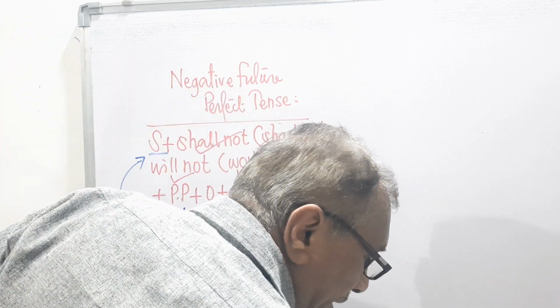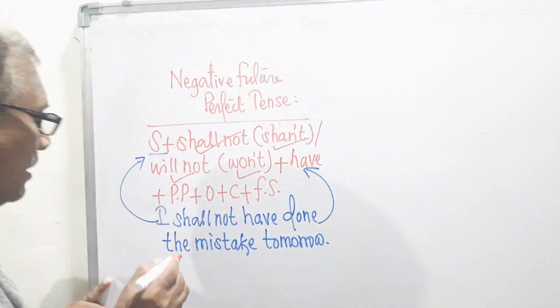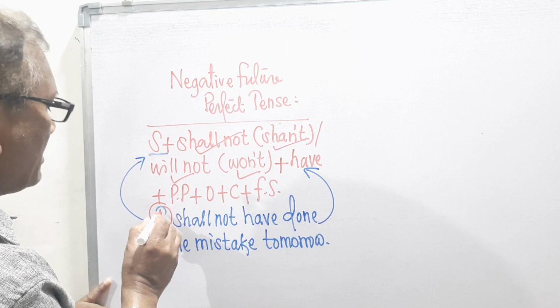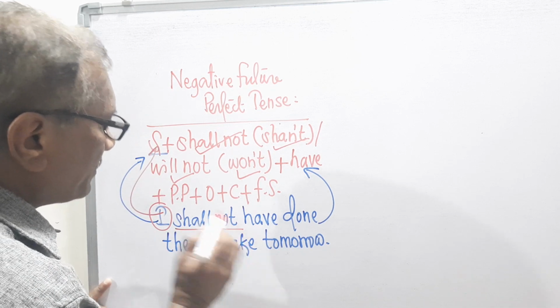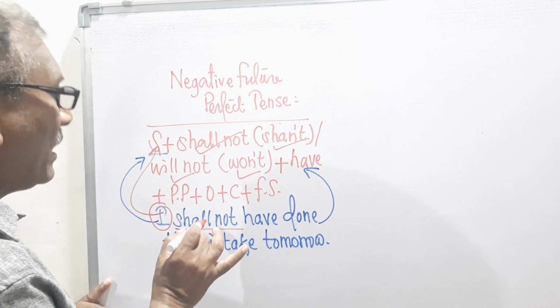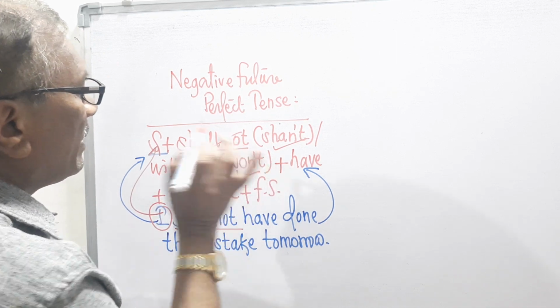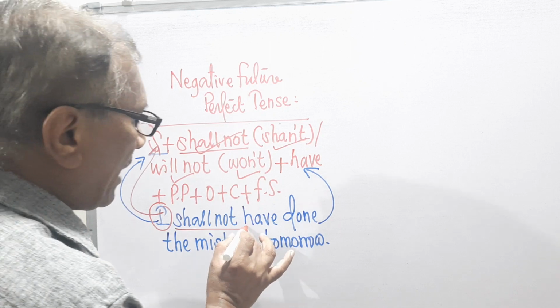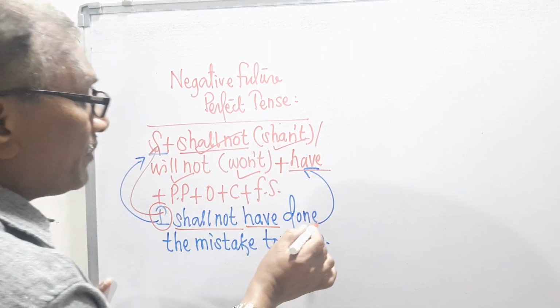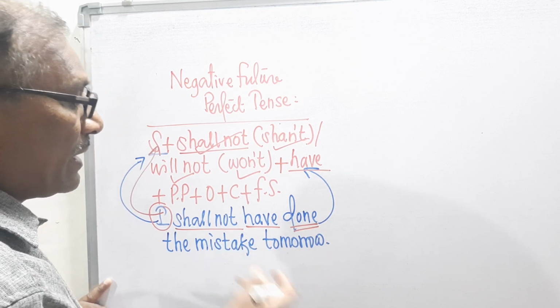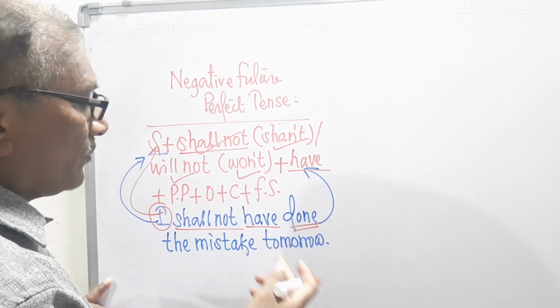Remember, my point is that here this I is the subject. Shall not is the negative helping verb, it is given here. Then have, it is given here. Then PP means past participle, that is the third form of the main verb.